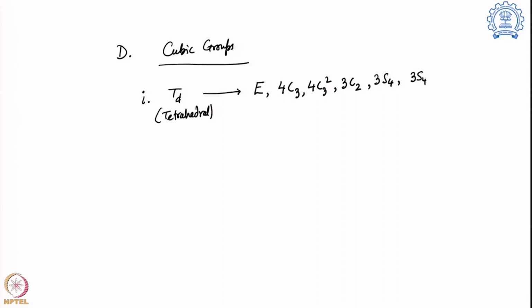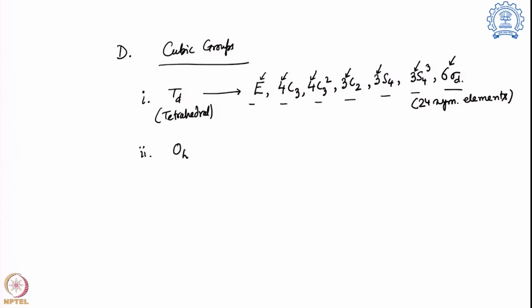You have 3 S4 cubed in the similar position and 6 sigma Ds. So, all those are present in a tetrahedral molecule, and if you add them together, you will find that we have 24 symmetry elements present in this point group of tetrahedral. So, quite a highly symmetric point group.